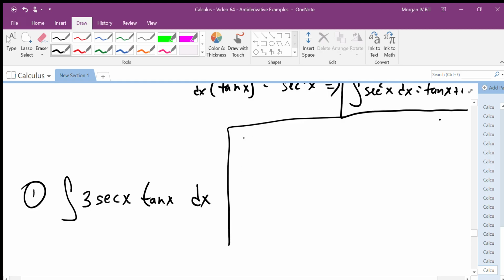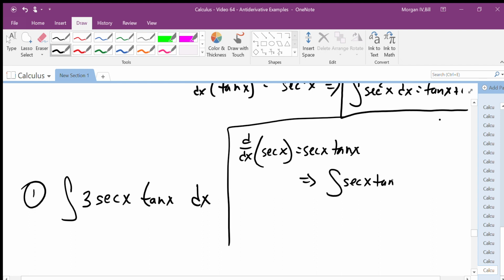Similarly, since the derivative of secant of x is secant x tan x, that means the integral of secant x tan x dx is equal to secant of x plus c. Just undoing the secant of x derivative.